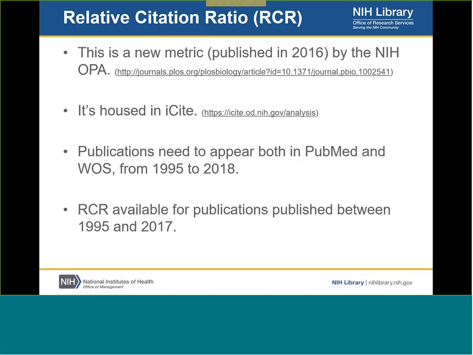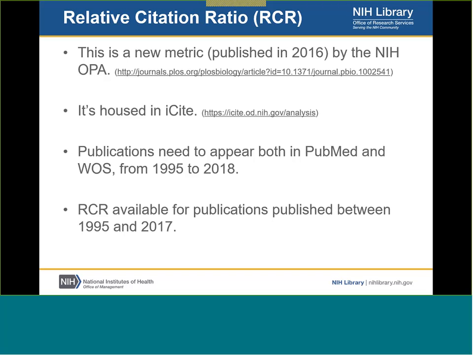Okay. All right. There is another normalized indicator called RCR, or Relative Citation Ratio. This is a new metric developed by the NIH OPA office, and there's an article published in 2016, which you can get from the link here. And it's housed in iCite. So basically, publications need to appear both in PubMed and Web of Science from 1995 to 2018 to be included in iCite.